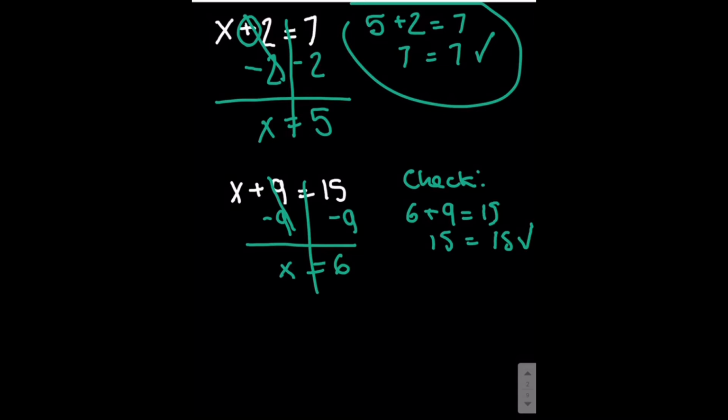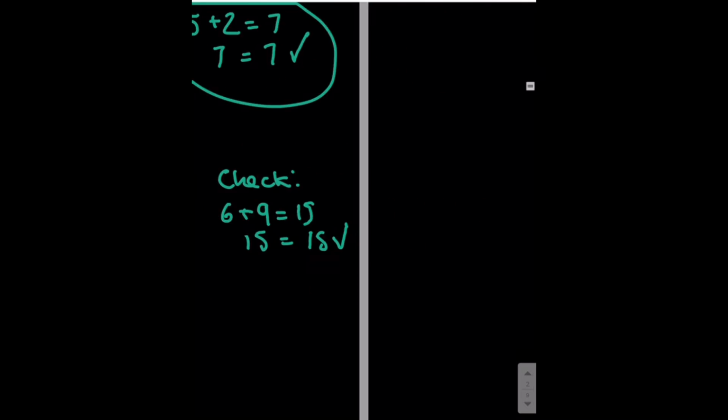Now let's do one with subtraction. Let's do y minus 5 equals 7. Now the inverse of subtraction would be to add. So we're going to be adding 5 to both sides.